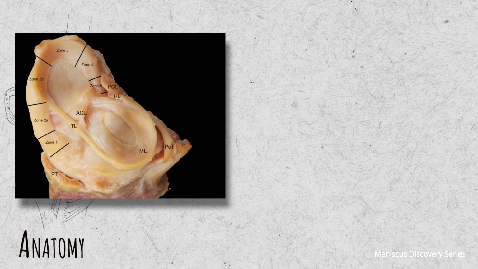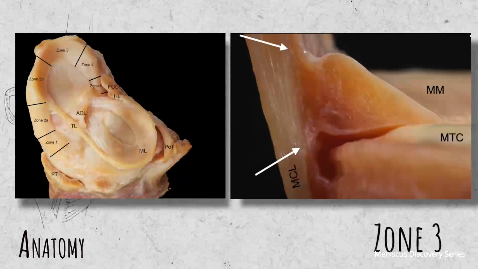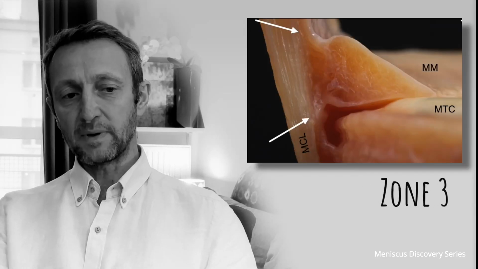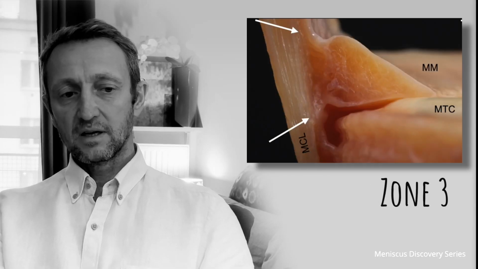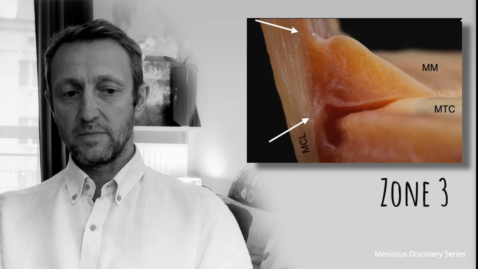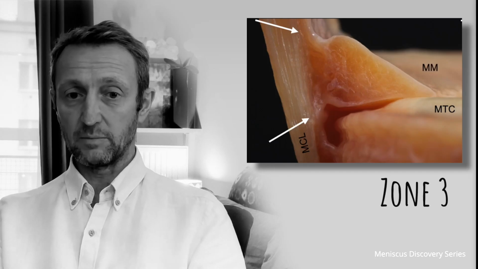The next step is zone 3. A very interesting part of the history of the medial meniscus. Why? Because zone 3 has 2 layers, what we call the MCL and the deep MCL. The MCL is here, but in the deep MCL there is the menisco-femoral ligament, the meniscotibial ligament, the coronal ligament.